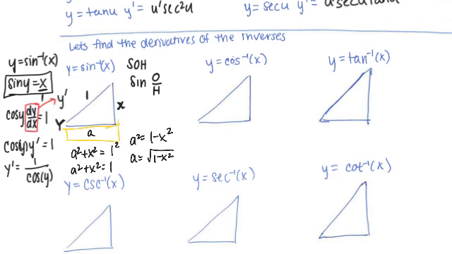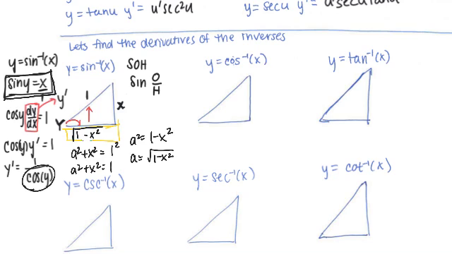So I built the triangle based on sine y equals x, and then I solved for the third side. Now I can take my y prime and plug in cosine of y based on the triangle. The cosine in this triangle is adjacent over hypotenuse.